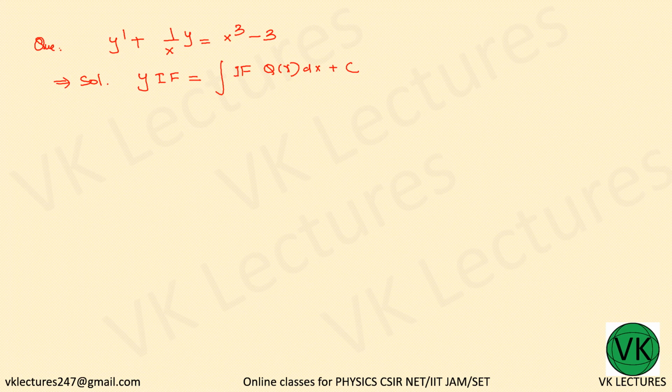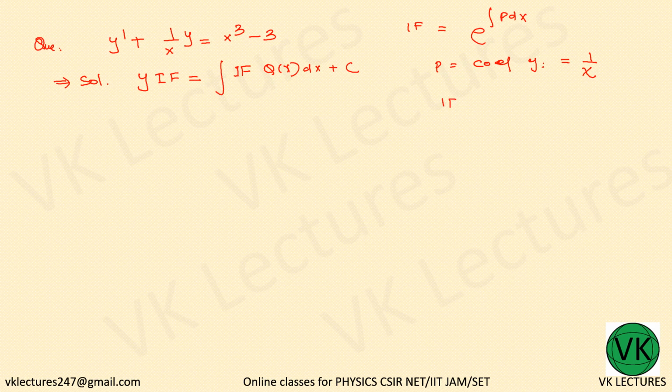Now the integrating factor is equal to e to the power integral p dx. Now what is p? P is equal to the coefficient of y. Now what is the coefficient of y? That is equal to 1 by x.